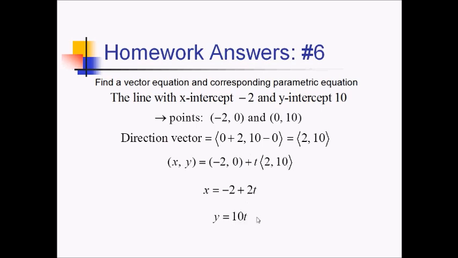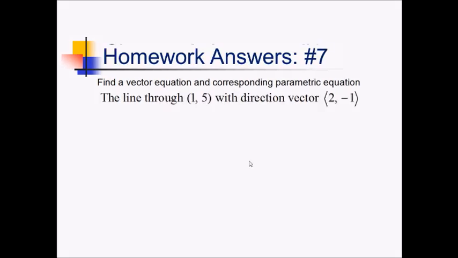For writing our parametrics out now, we have x equals -2 plus 2t, and y equals 0 plus 10t, or just 10t. For this problem, we want a vector and parametric equations for a line that goes through (1, 5) and has a direction vector of (2, -1). So this is set up pretty much for us to put right into vector equation form. We've got (x, y) equals starting point plus t times direction vector. So (x, y) equals (1, 5) plus t times our direction vector of (2, -1).